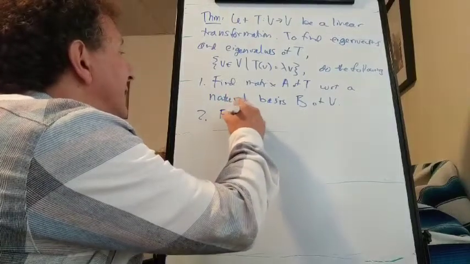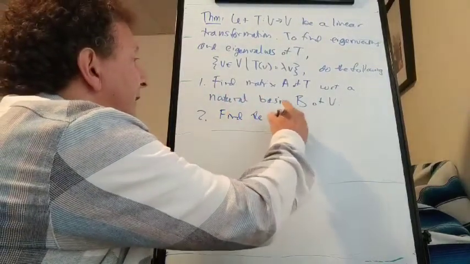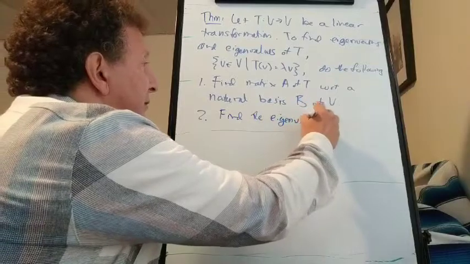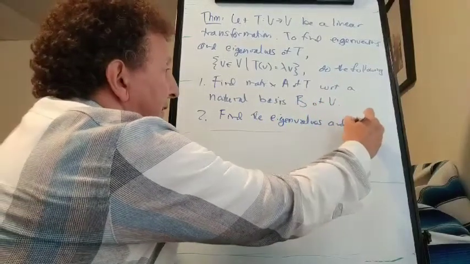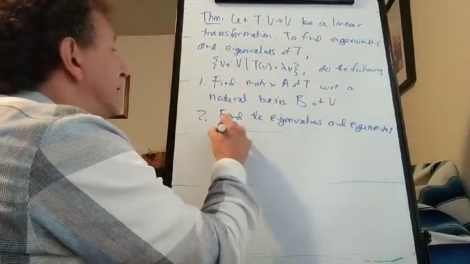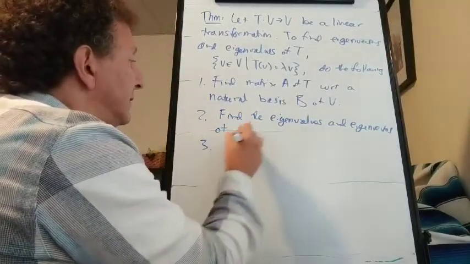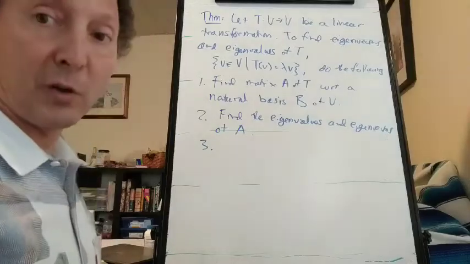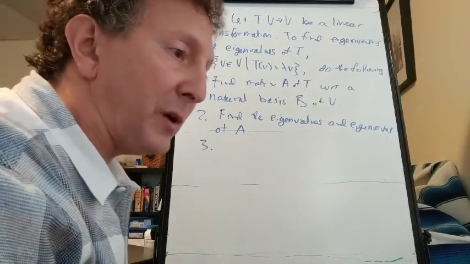Then we'll find the eigenvalues and eigenvectors of A using the characteristic equation and systems of equations.